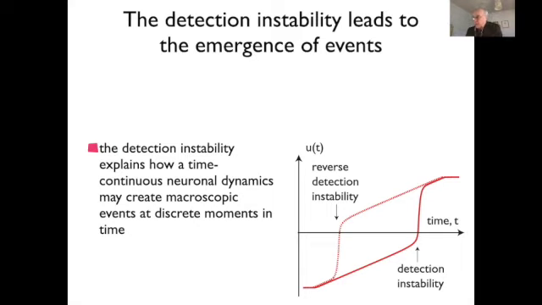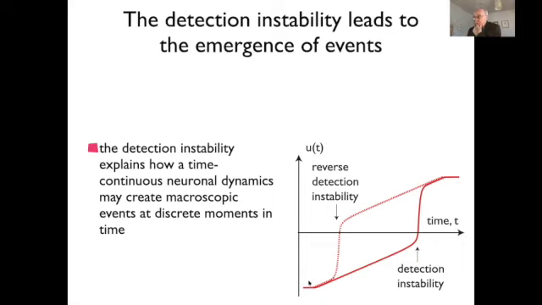Here is the slide I showed previously about hysteresis, to point out that it also has a very interesting effect on the emergence of discrete events out of continuous time. This is the slide that I showed in the context of a single self-excited neuron. This is from a simulation of a self-excited neuron, but the peak is sort of the neural realization of that.